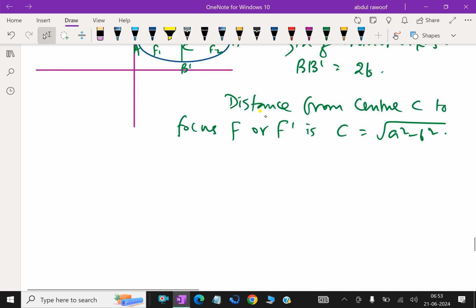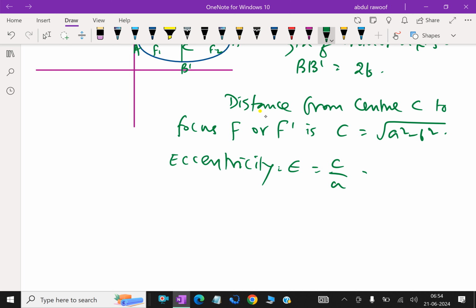Eccentricity epsilon equals c over a, that is, the square root of a squared minus b squared over a.